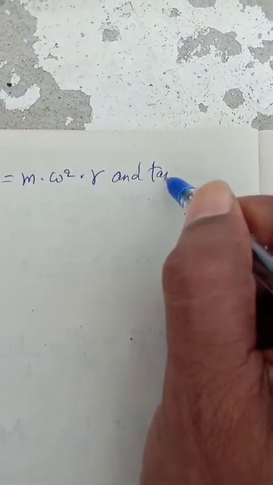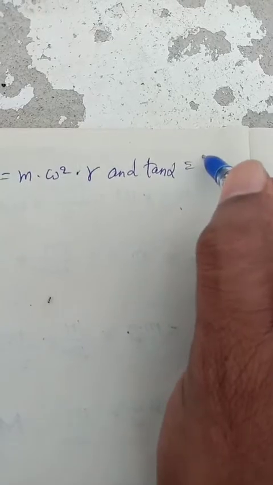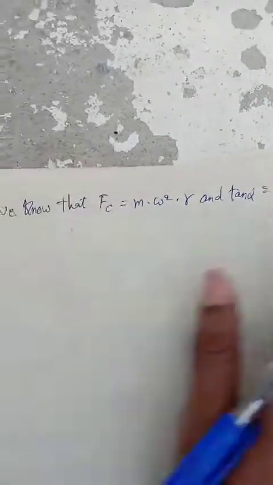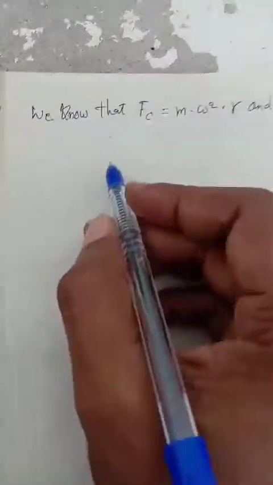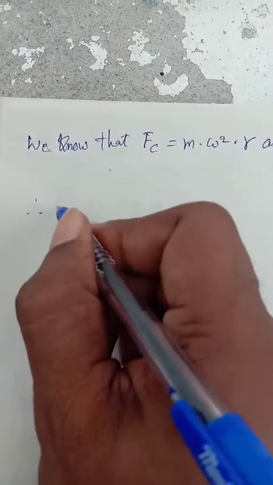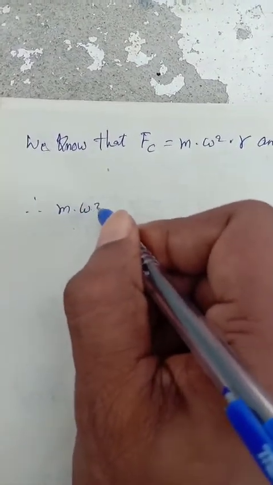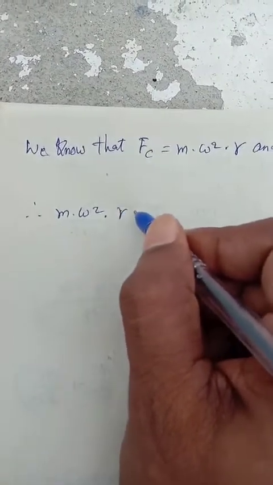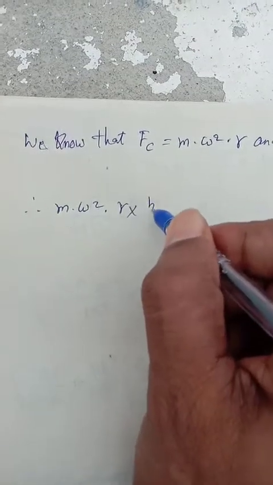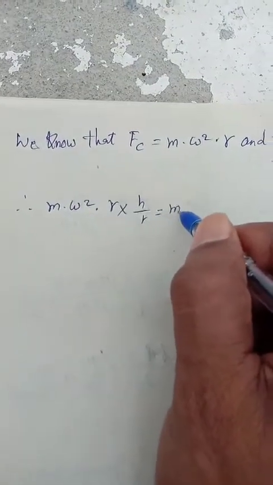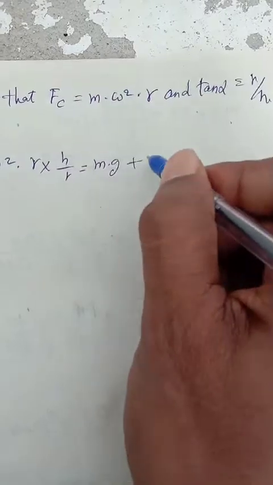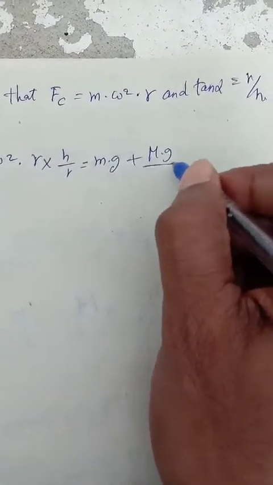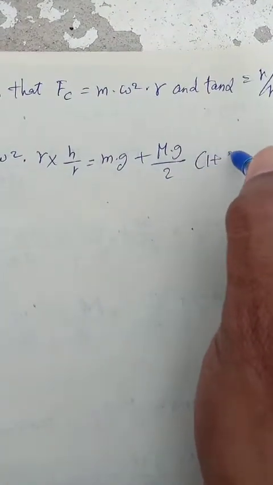and tan alpha is equal to r by h. So therefore m into omega square into r into h by r is equal to m into g plus capital M into g by 2 into 1 plus q.